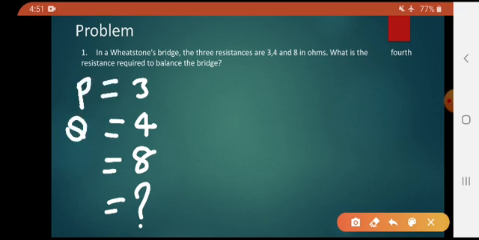Consider this is P, this is Q, this is R, and this one is S. You have to find the fourth one.